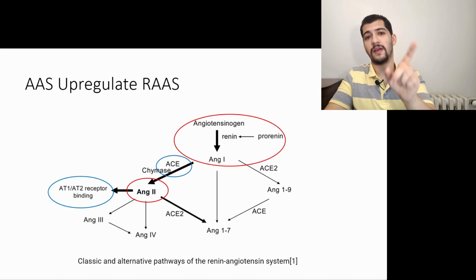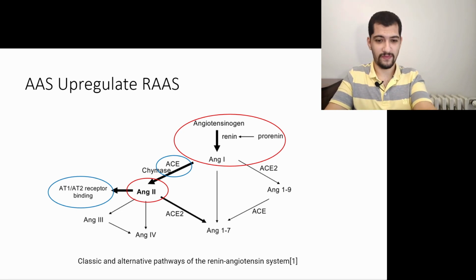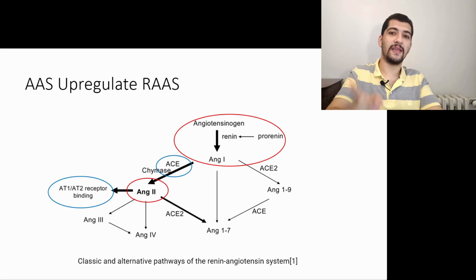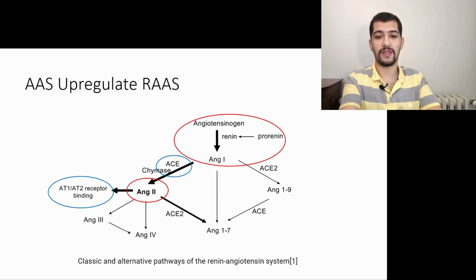And as you can see in the blue circle, the smallest one, the ACE inhibitor drugs prevent the conversion of angiotensin 1 to angiotensin 2.